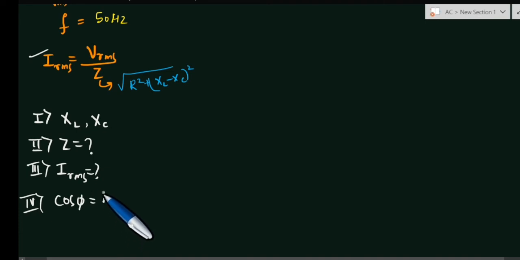Cos phi is R divided by Z. The R value is given in the problem and the Z value we already found in the second step. So these are the steps we will use.